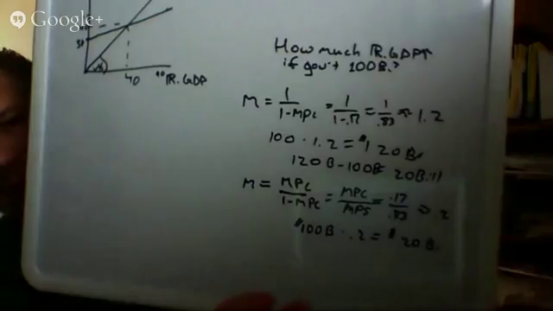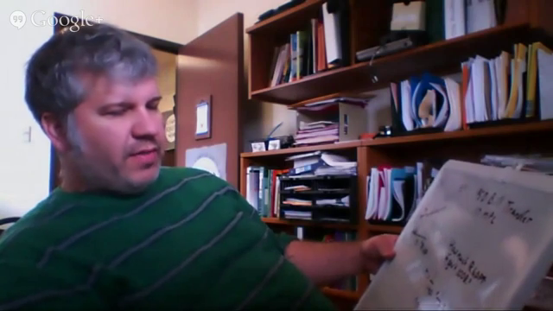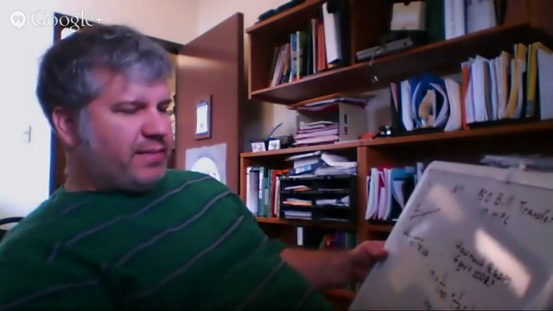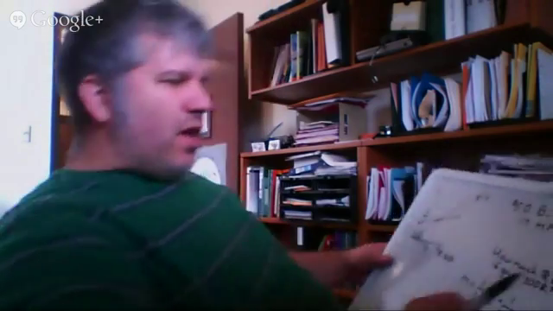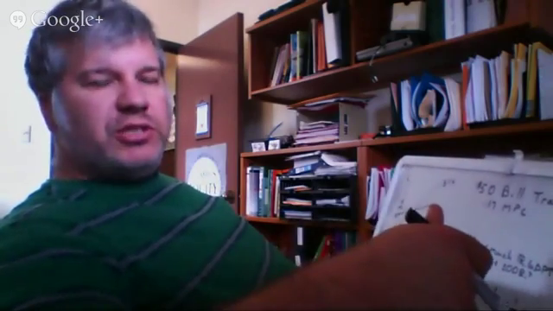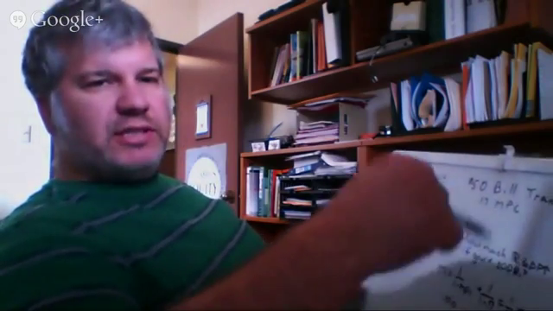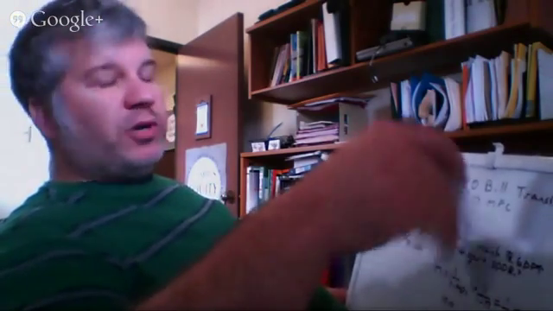Either method you used, you get $20 billion, but you have to remember that anytime there's a tax or a transfer in the economy, where the government taxes you or transfers money or lowers your taxes, it's going to have to go through the washing machine twice. The consumption function is equal to autonomous consumption plus the marginal propensity to consume times your disposable income.